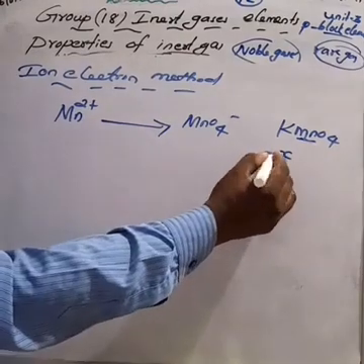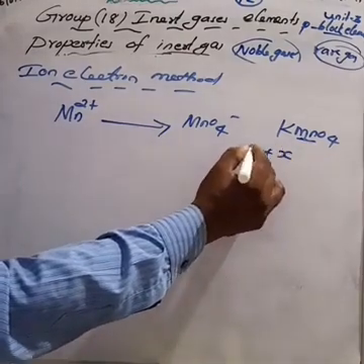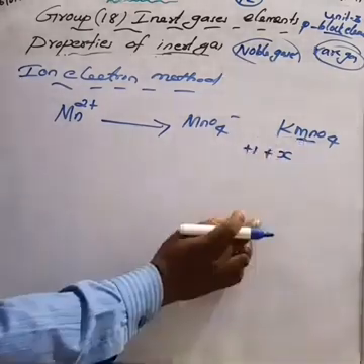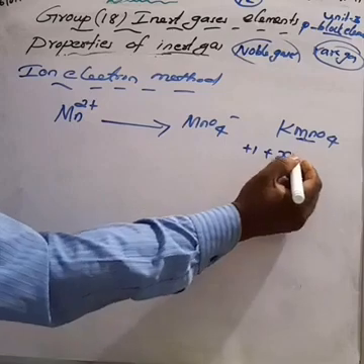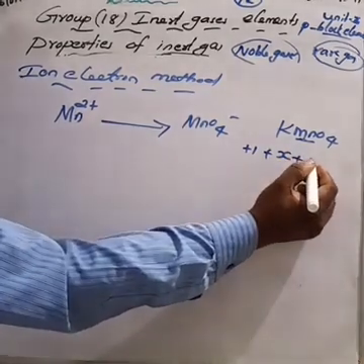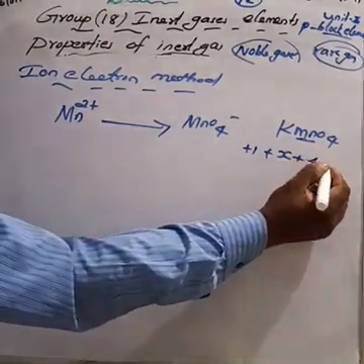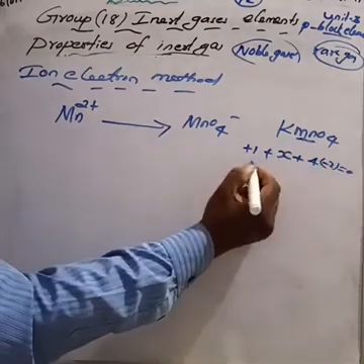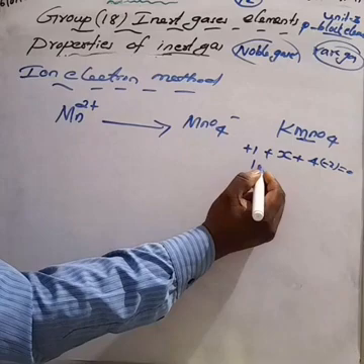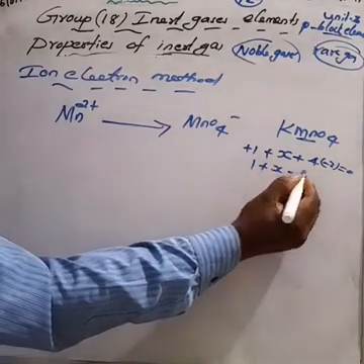Potassium is an alkali metal; hydrogen, sodium, potassium are all plus 1, right? So I write plus 1 plus Mn as X, plus oxygen, whose value is minus 2. There are 4 oxygens, so 4 into minus 2 is minus 8.